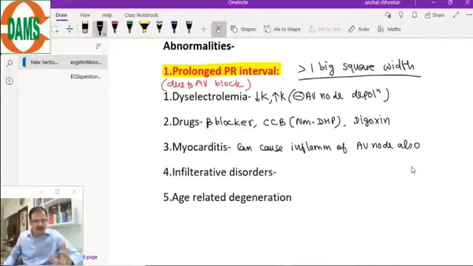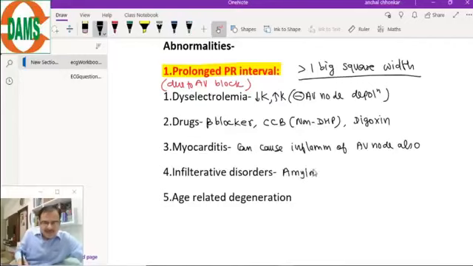Myocarditis is inflammation, edema, and if that inflammation and edema spread to the AV node, conduction will reduce. So myocarditis. Infiltrative disorders. So infiltrative disorders include the amyloidosis, because it is a poor conductor of current.